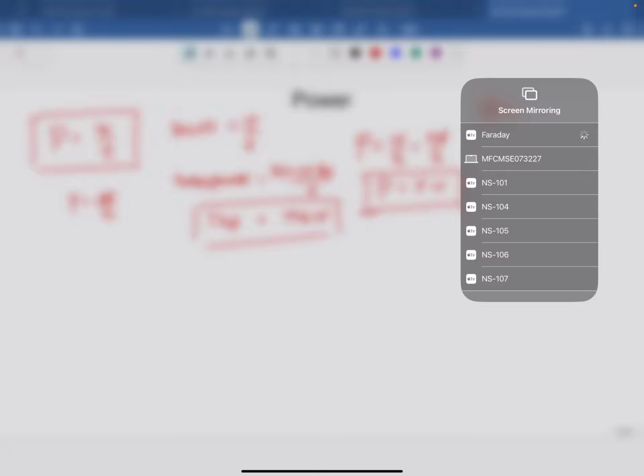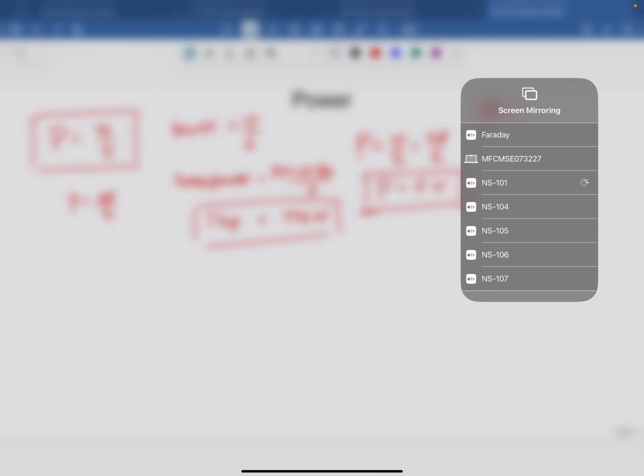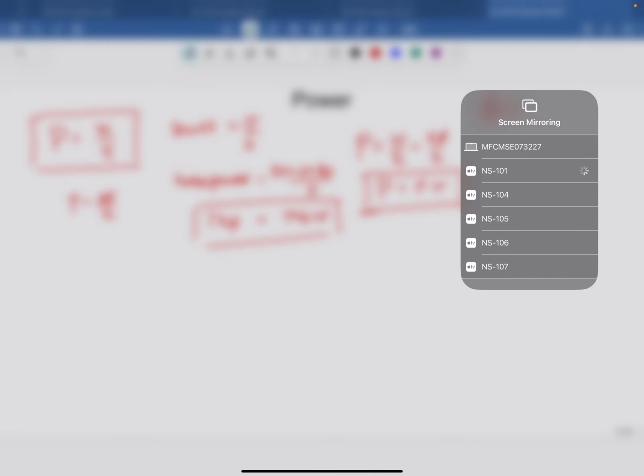So we are going to pivot. Let's disconnect that. I know how to fix it, just give me a second.